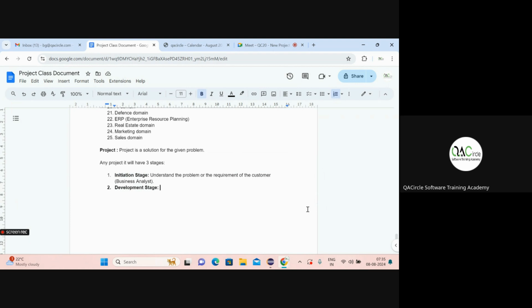Whatever requirement is understood by the business analyst, they will inform the technical team or the engineering team. The development team will understand the requirement technically, and then they will develop the application by writing some code.